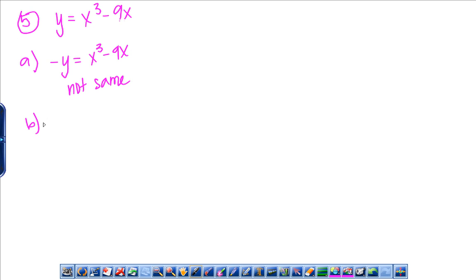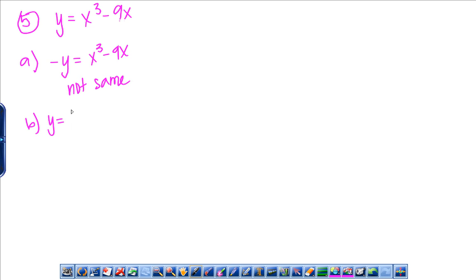Here's my last problem. If I give you y equals x cubed minus 9x, replace the y with a negative y. So I'm going to go negative y, and that's the only thing I can replace on this. If I can replace it with the negative y and it be exactly the same, then it's symmetrical, and this is not.